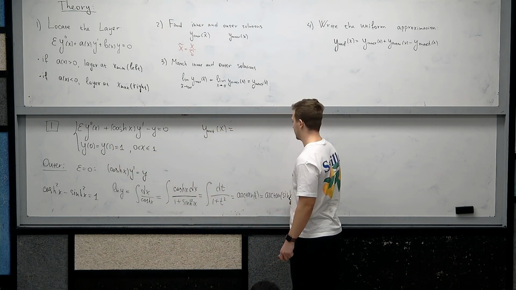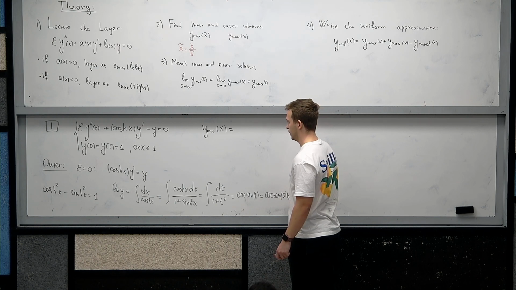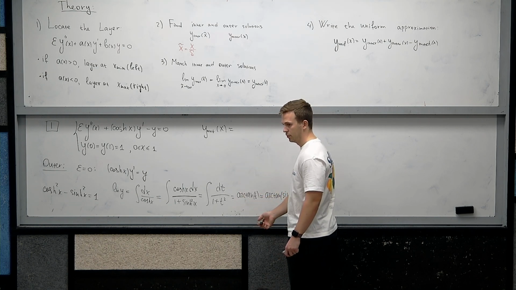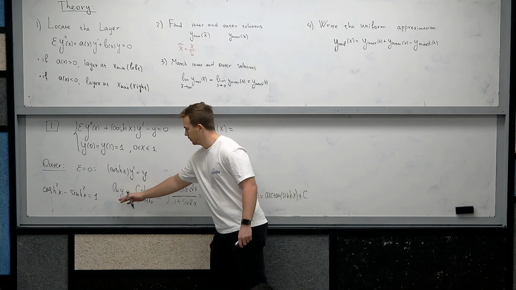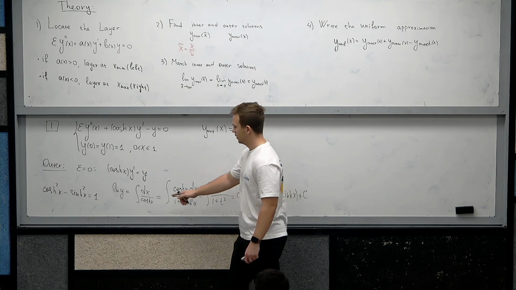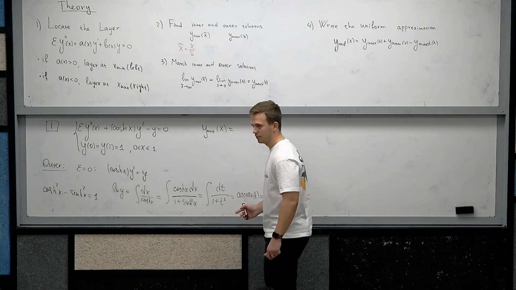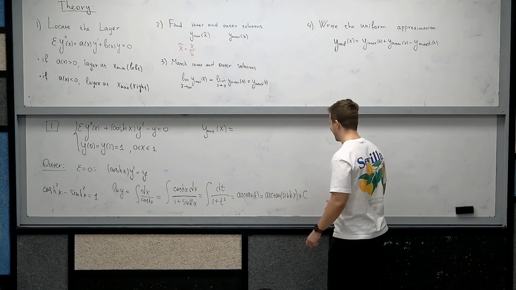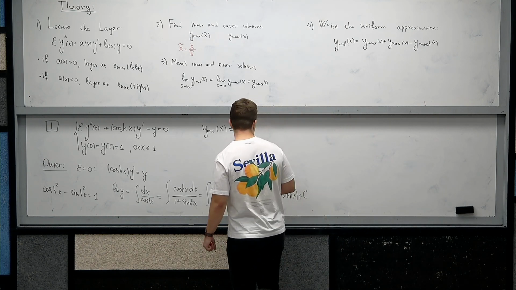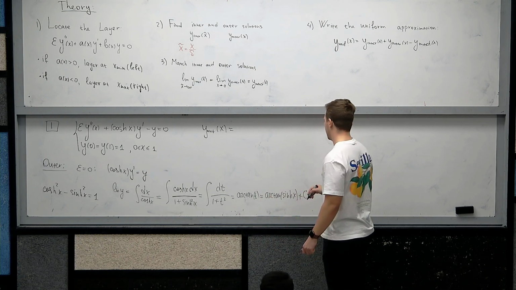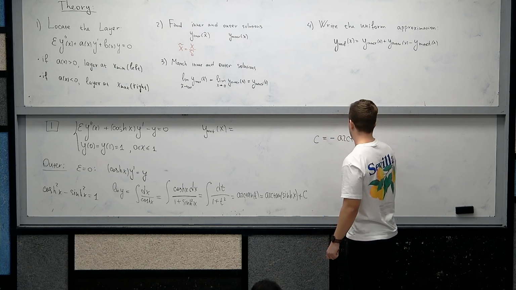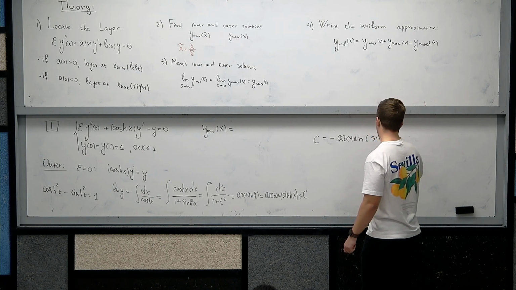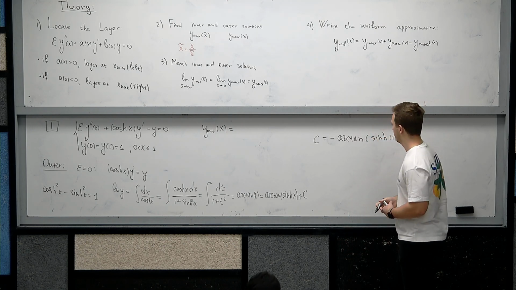If x equals 0, my ln of y should be equal to 0, because y equals 1 and ln of 1 is 0. Therefore, c is minus arctan of hyperbolic sine of 1.